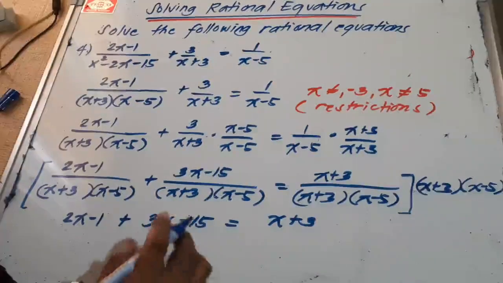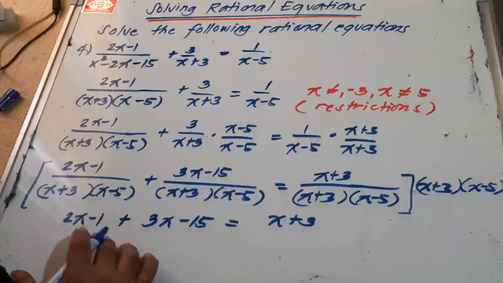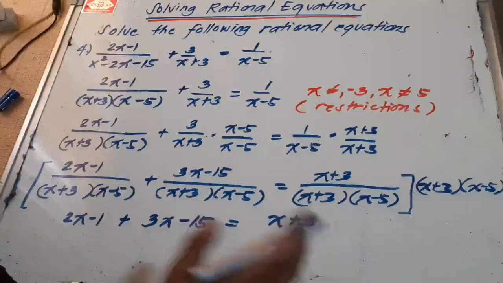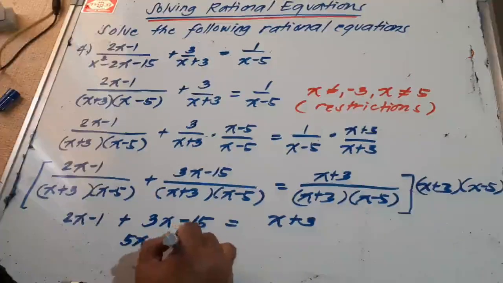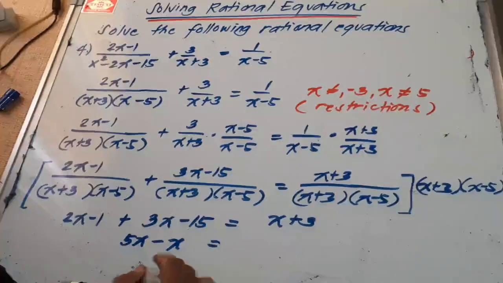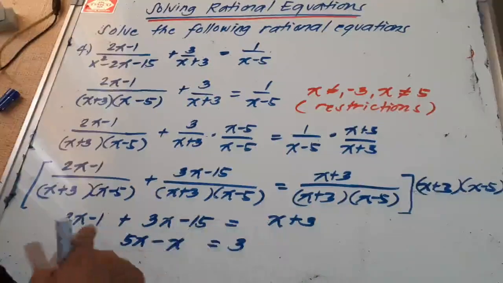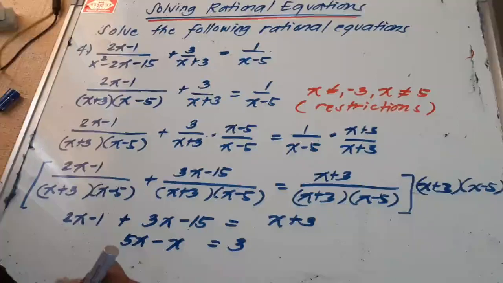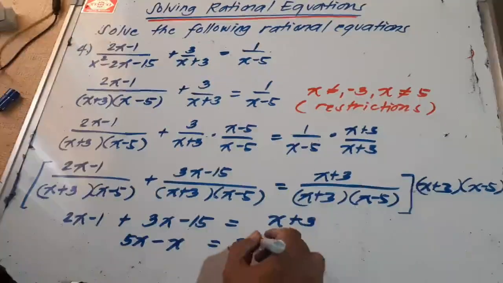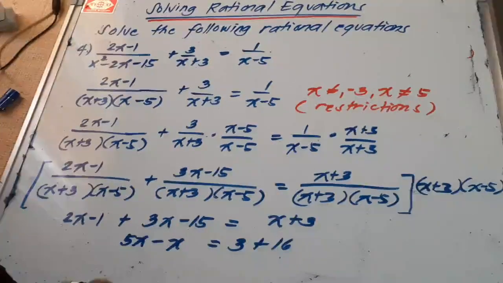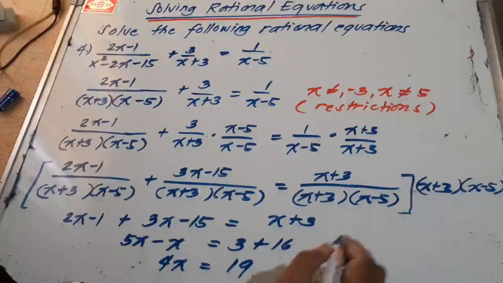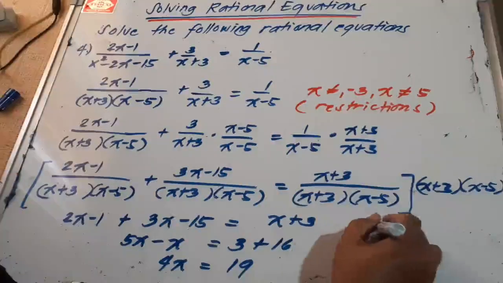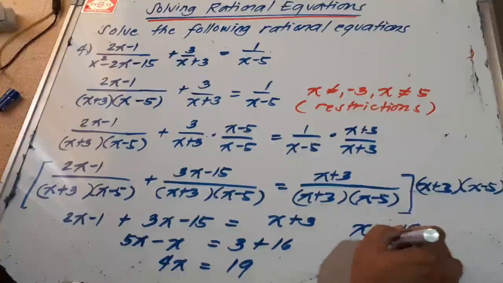Okay? So, transpose natin lahat ng terms na may x variable, lahat ng constant terms sa right side. So, we have 5x minus x equals, negative 1 and negative 15 is negative 16. Lipat sa kanan, that will become positive 16. So, we have 4x equals 19. So we divide both sides by 4, therefore x equals 19 over 4.